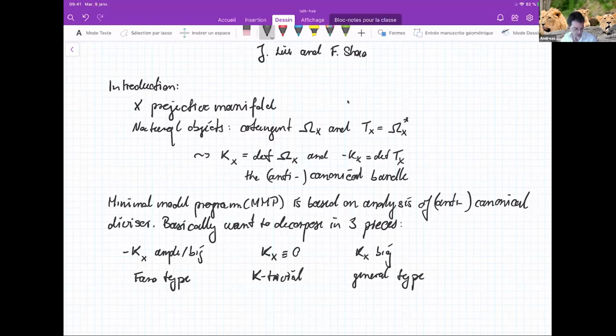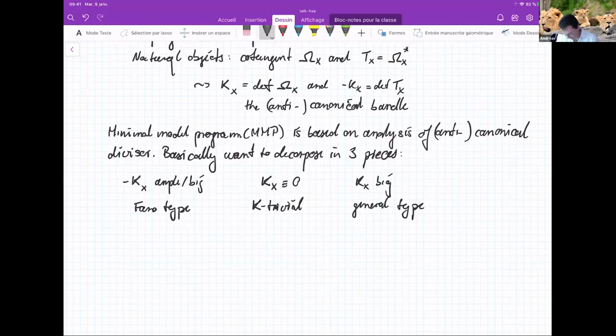Now the bad news is that in general, knowing something about the canonical bundle will not tell you a lot about the cotangent bundle.